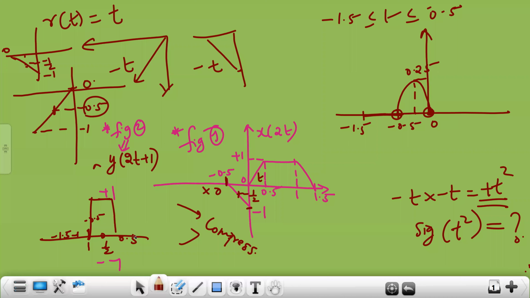It's a ramp, sir. Yes, it is ramp. So that ramp, when you are multiplying with 1, I think you are having 1 in y of 2t plus 1, right? So this plus 1 into t will become t only. So it will go like this and its amplitude will become 1.